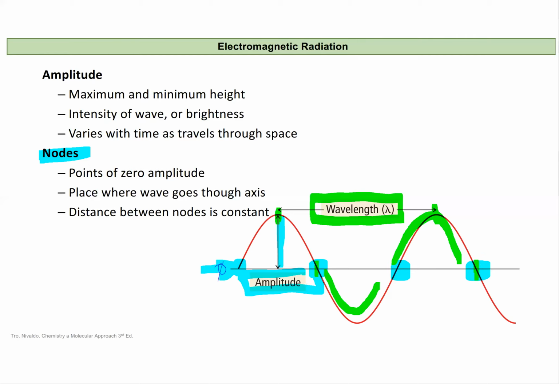And as a chemist, I think of this as being in the positive region and this being in the negative region. Each of these distances between our nodes should be a constant distance. And so our wavelength is essentially the distance between two nodes as well.